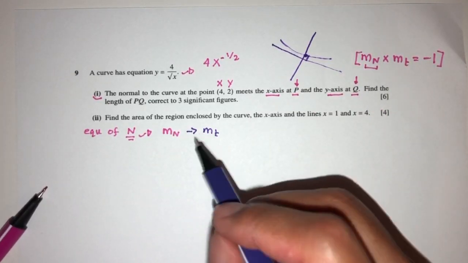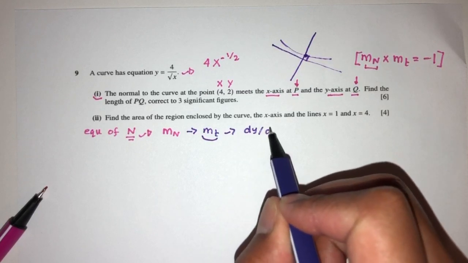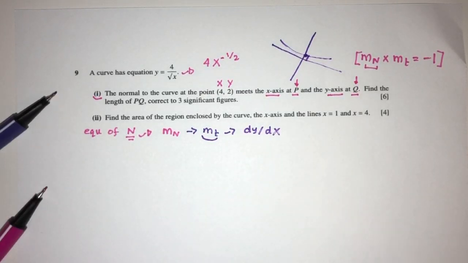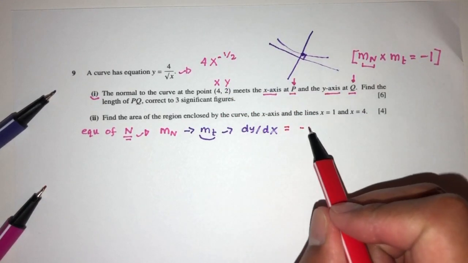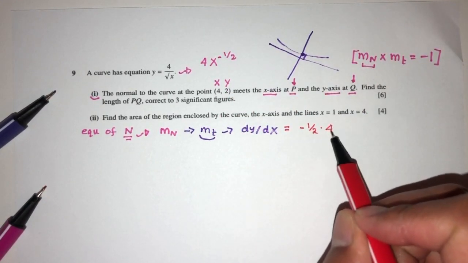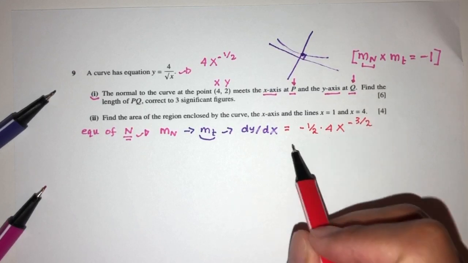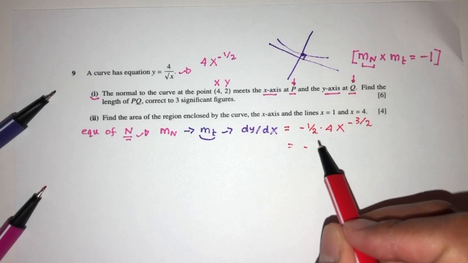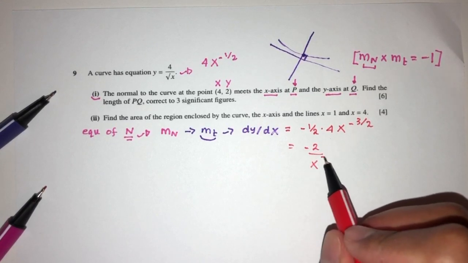So using that relationship, we can find the gradient of the normal. The gradient of the tangent is simply dy by dx. So let's find dy by dx. It is going to be, first thing first, multiply by minus half. Then we have 4 here. Minus 1, that will be minus 3 over 2. That should be minus 2 over x to the power 3 over 2.